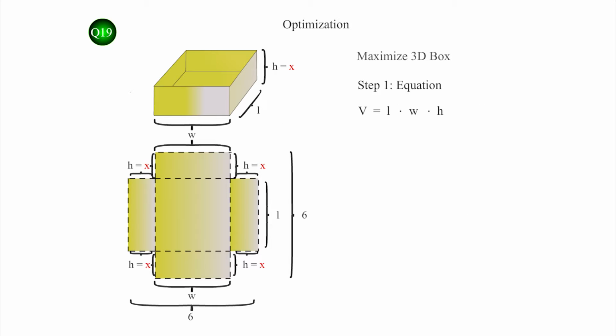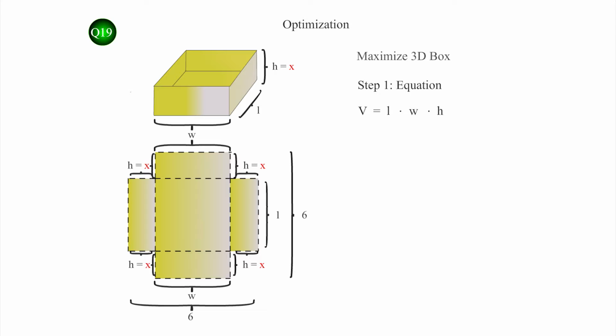From the drawing, we would know that all the sides are of the same length. That being said, the length of the open-top cuboid would be 6 minus 2x. The width and the length are of the same values. L equals W equals 6 minus 2x. The height of the cuboid would be labeled x.